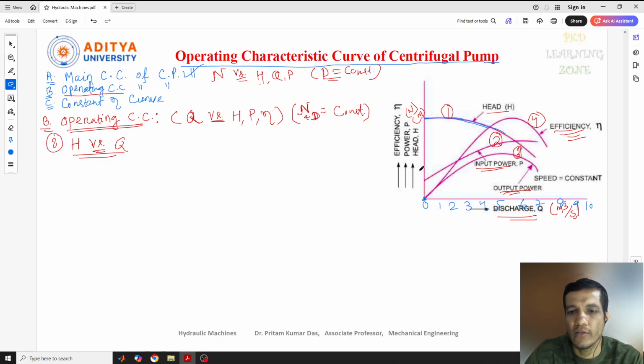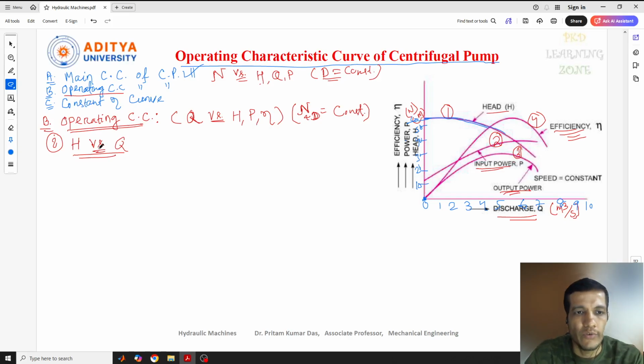Similarly, on the y-axis there will be different values for head, power and efficiency. Suppose for head, 10 meter, 20 meter, 30 meter, 40 meter, 50 meter, 60 meter.